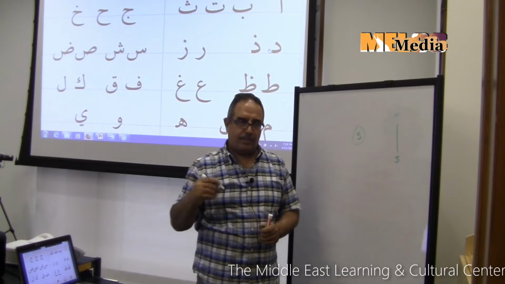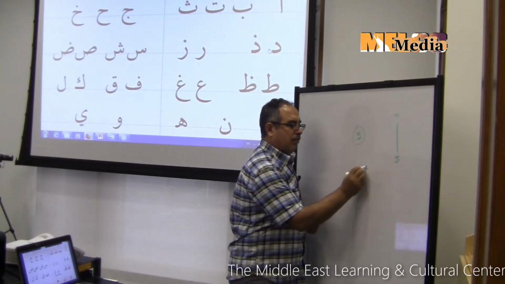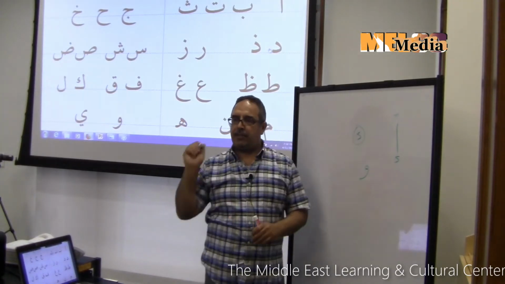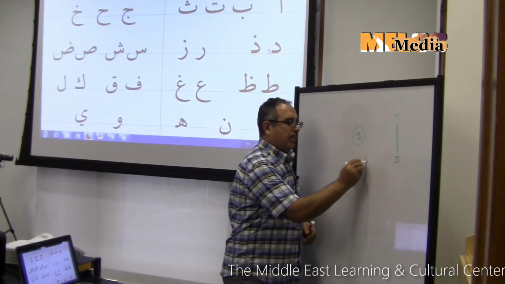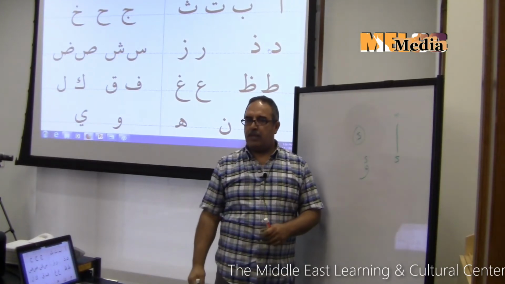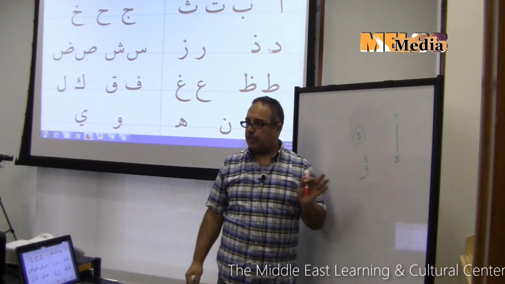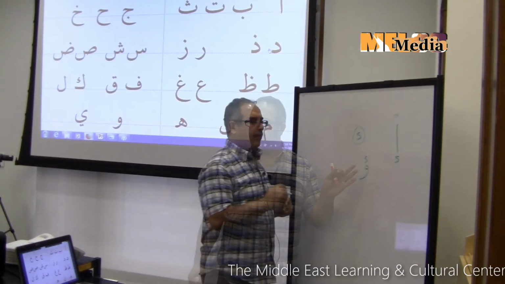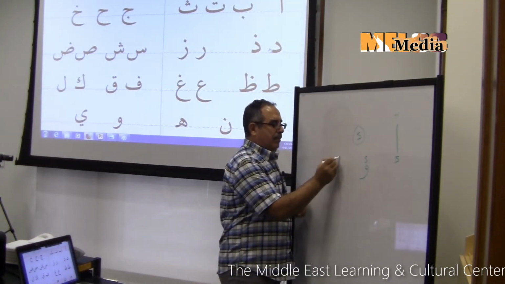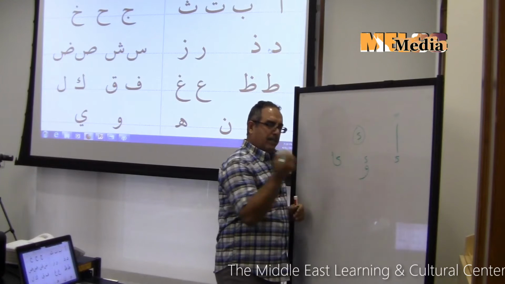For example, we have this letter in the second half. Hamza can be on top of this one. So if you see it, it is hamza. It is not that letter. Another one, this one, is in the second half.